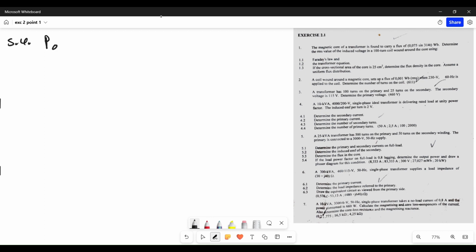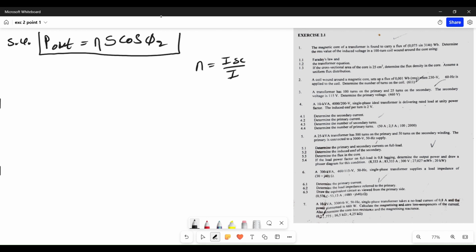One thing about a transformer that you should know is that the output power of a transformer is equal to n S cos phi 2, which is the angle of the impedance, and then n is equal to I short circuit over I full load.